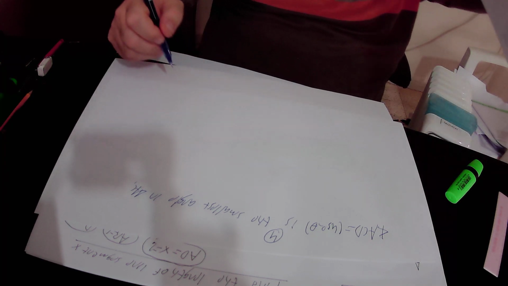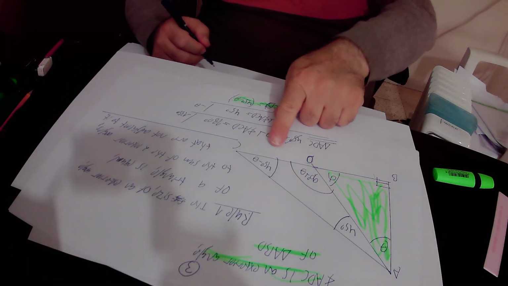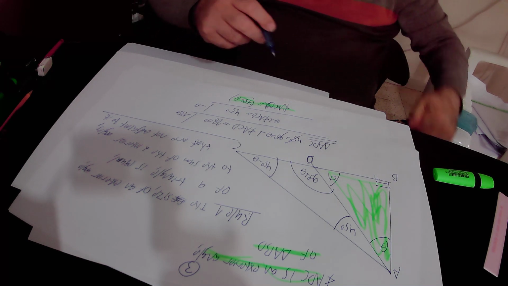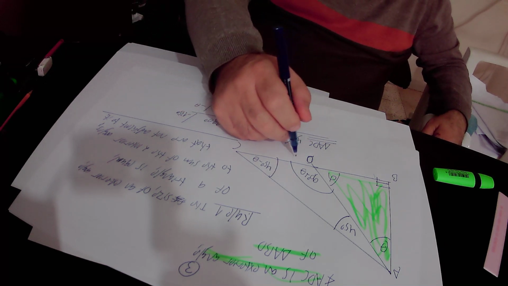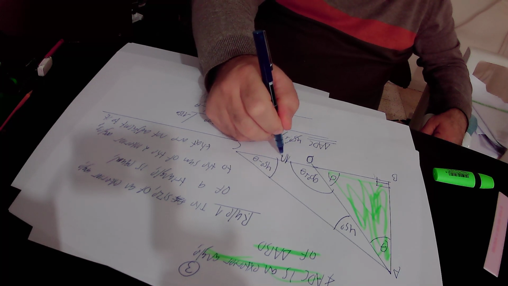I'll repeat again. In this triangle ACD, 45 degrees minus theta is the smallest angle. And we also know it is given to us in the question that DC equals 10 units.